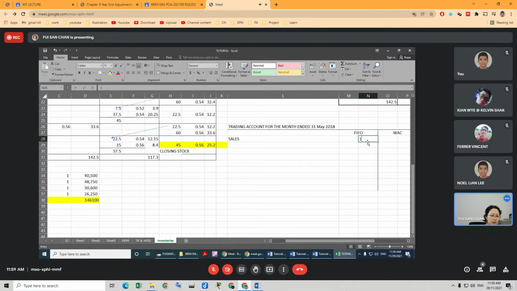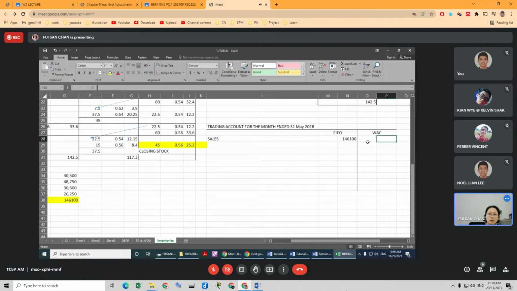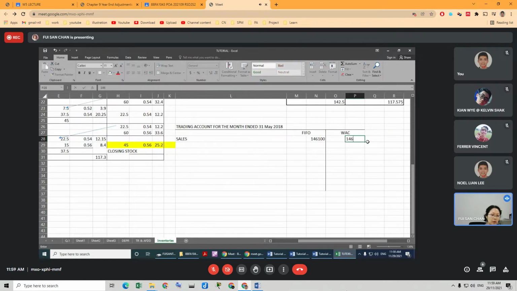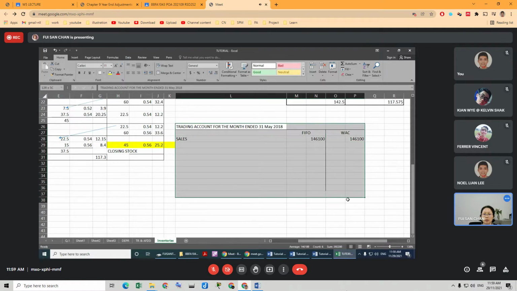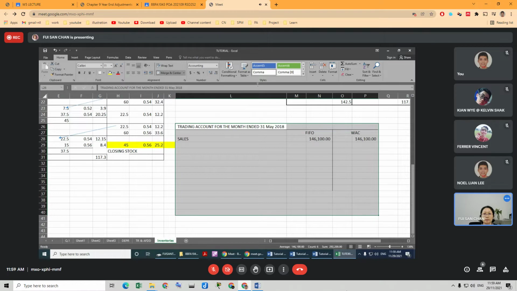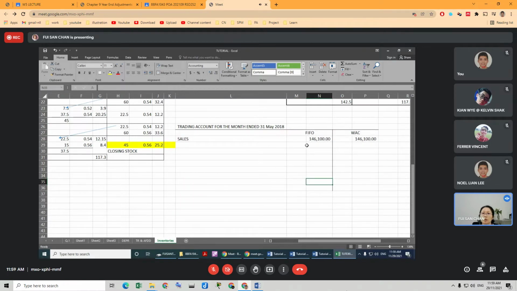So we put it here. Whichever method you use, your sales is the same amount. So this one I put with the 1,000 separator. So no matter first in, first out or weighted average, the sales value should be the same, right? Then followed by this one, the format. Please make sure you remember. This one for sure will definitely come up in the exam.